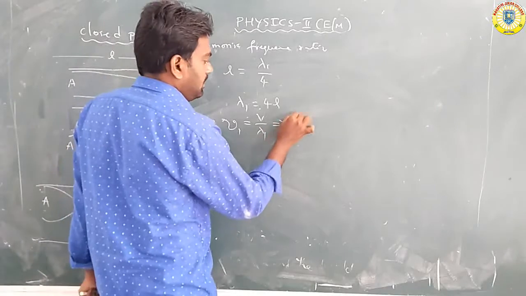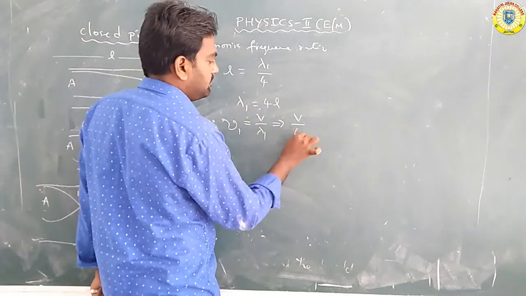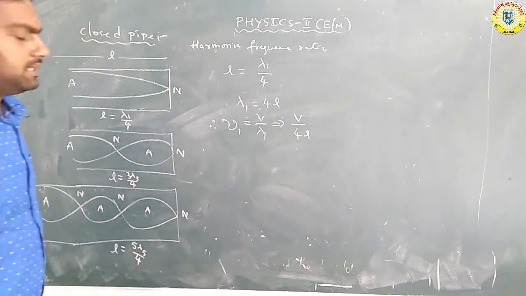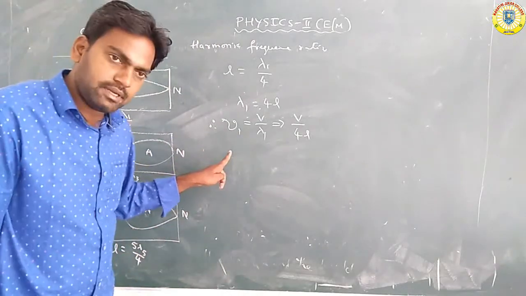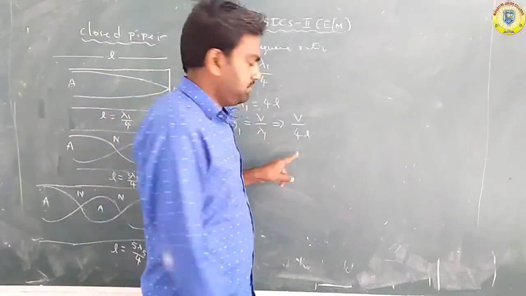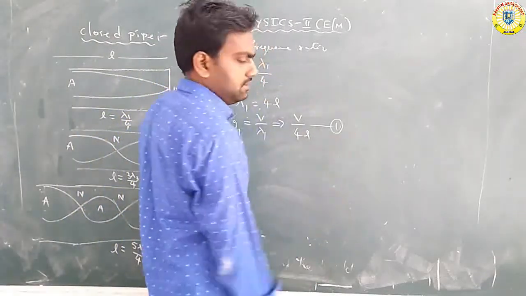Substituting the lambda 1 value, 4L, the fundamental frequency or first harmonic frequency in a closed pipe, nu 1 is equal to V by 4L. So that is equation 1.